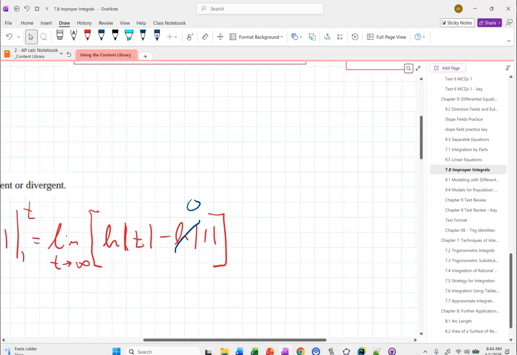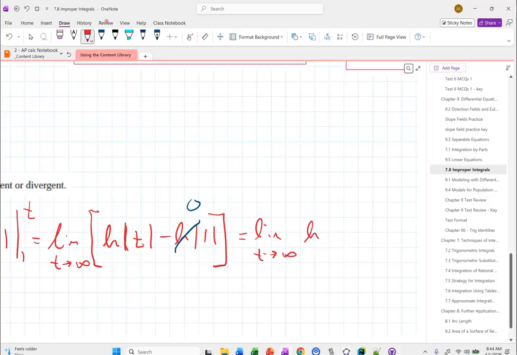Okay, so what we're left with is just to evaluate the limit as t goes to infinity of the natural log of t. What's that going to be? Positive infinity. That's absolutely right.